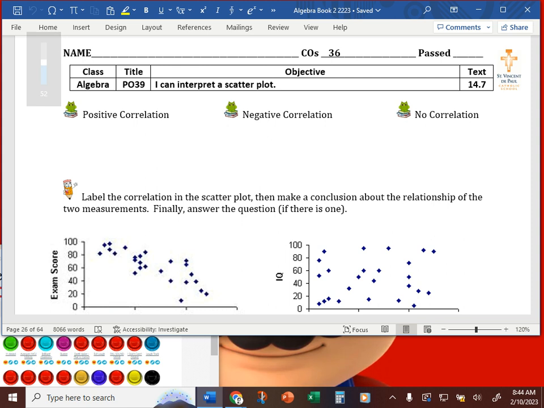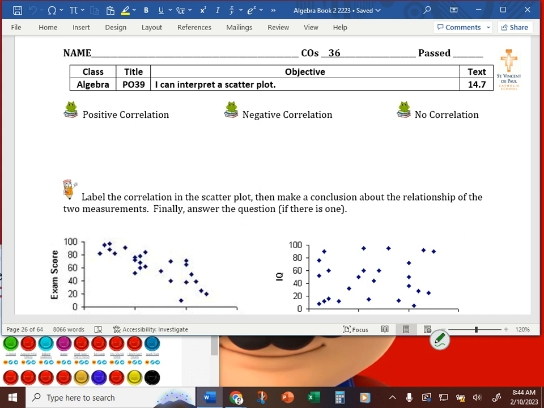So interpreting a scatter plot, we said yesterday that the point of a scatter plot is to organize, represent, interpret, and analyze data, and we talked about that line of best fit. A line of best fit is a line you can draw in a scatter plot that gives you a general trend or relationship of the data.